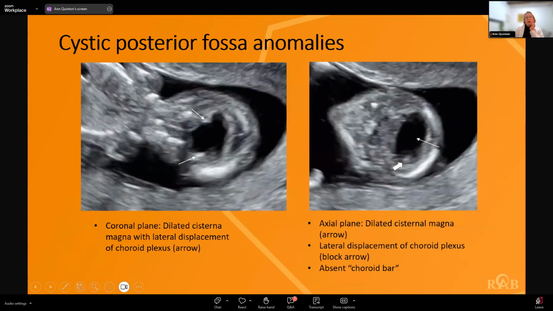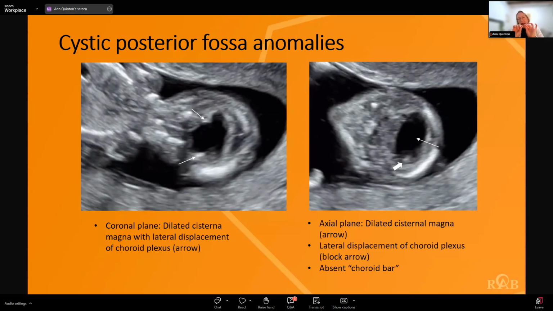So here, these are actually coronal views of the posterior fossa, and we can see again that big cystic space. And what we've got here, these two little echogenic dots here. Remember, I talked about earlier, looking in the posterior fossa in axial, and you can also see it in coronal.